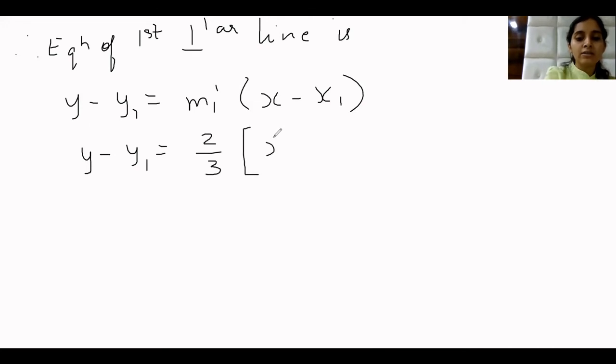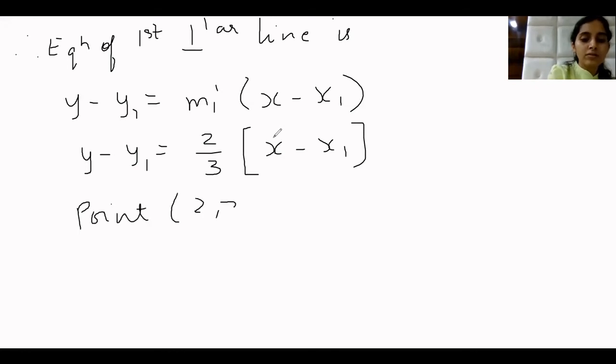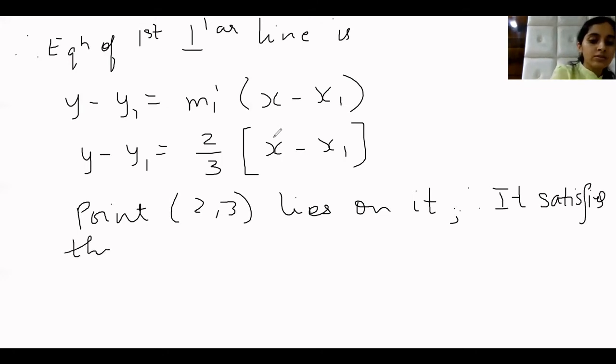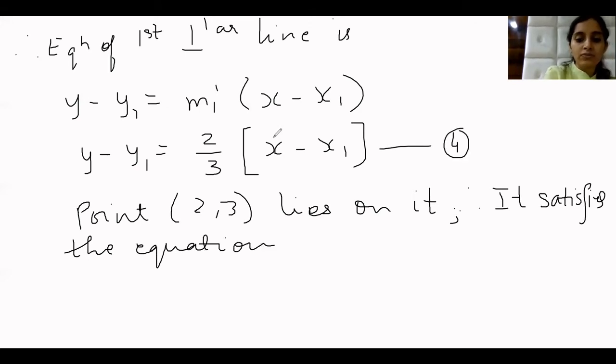Now, point (2, 3) lies on it. When a point lies on a line, what do we say? It satisfies the equation of the line. We'll call this equation 4.